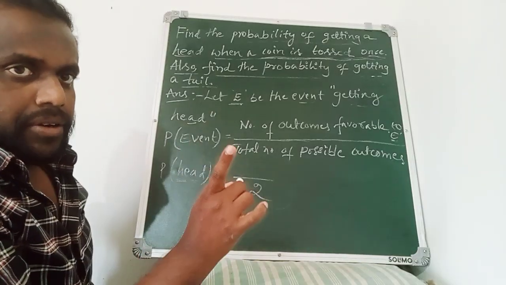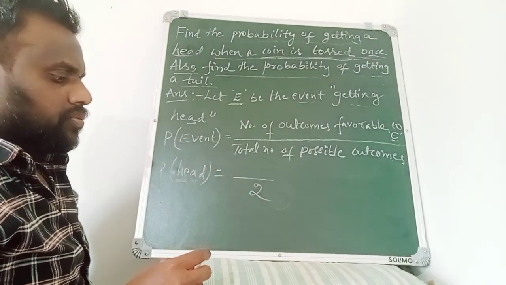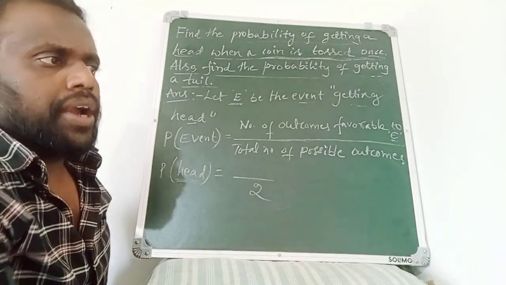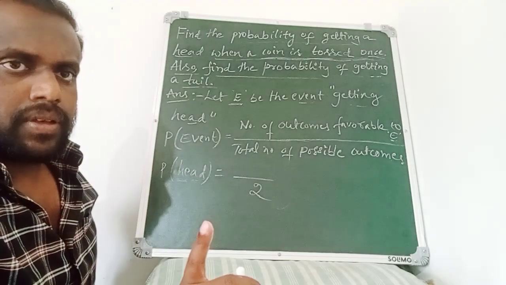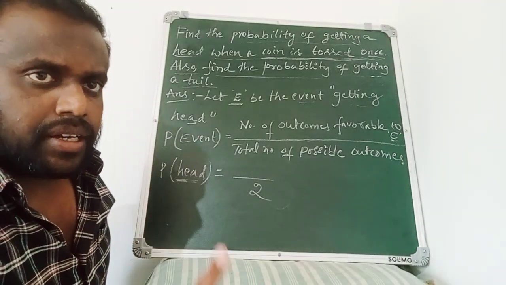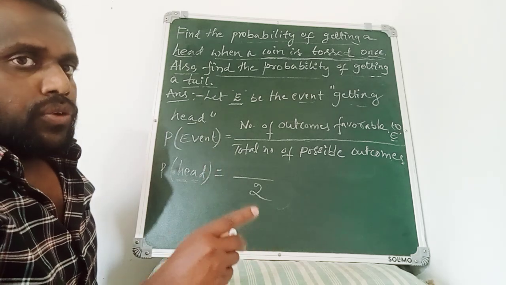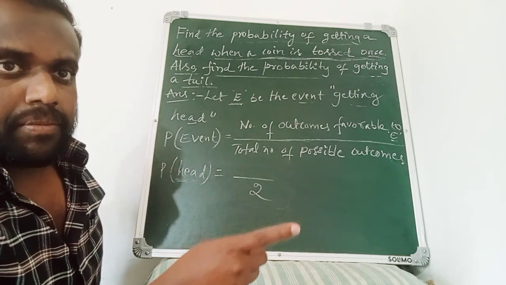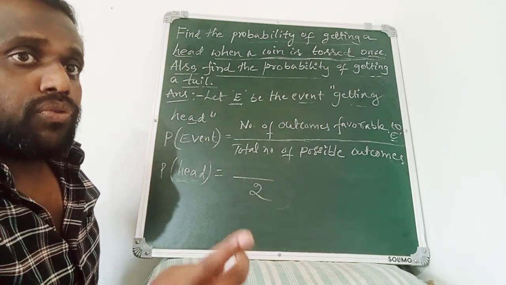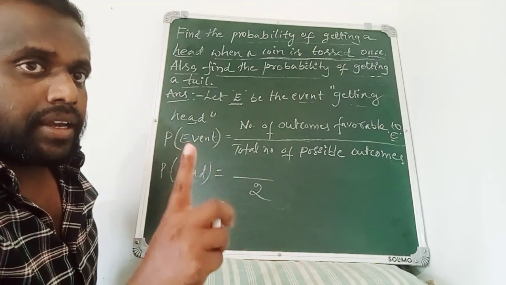Now see, when a coin is tossed the first time, we can get head once. When a coin is tossed the second time, we can also get a head.